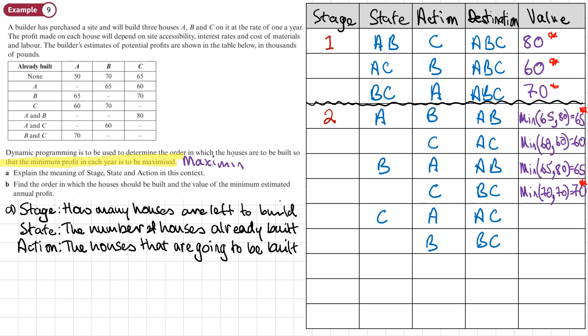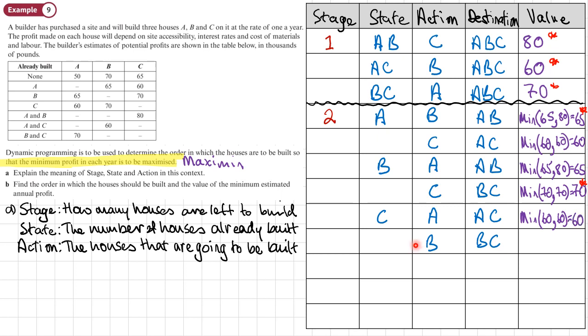So we star that one, and then we're now going to be looking at this column here, column C, because house C has been built. So if we build C and then we build A, that's going to be 60. So min of 60, and if we've done AC and then we build B, that's also going to be 60. So that's going to be 60, a minimum of those two.